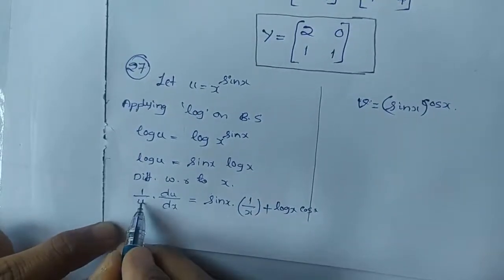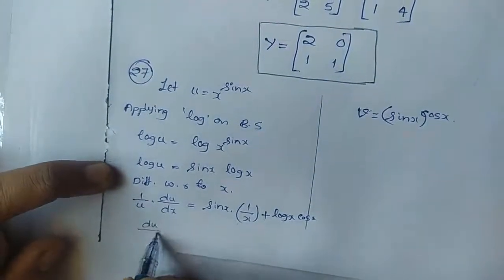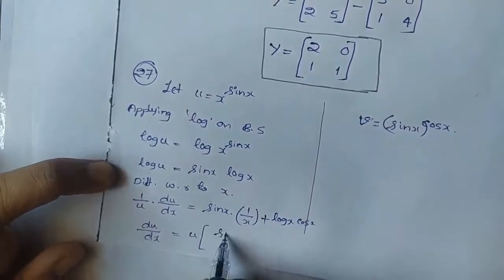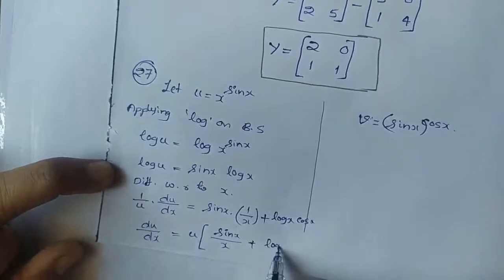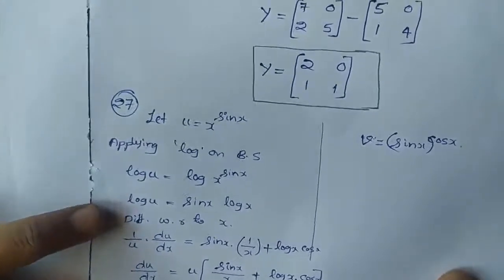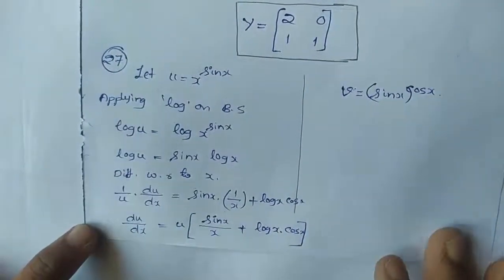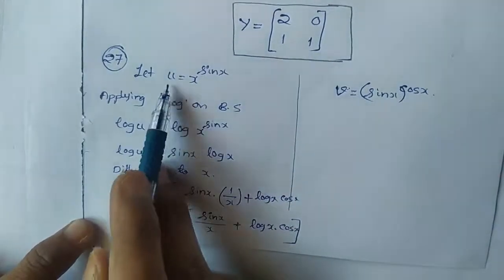Next, send this 1 by u to the right, then du by dx equals u into sin x divided by x plus log x into cos x. Are you understanding? So this is the differentiation of u.